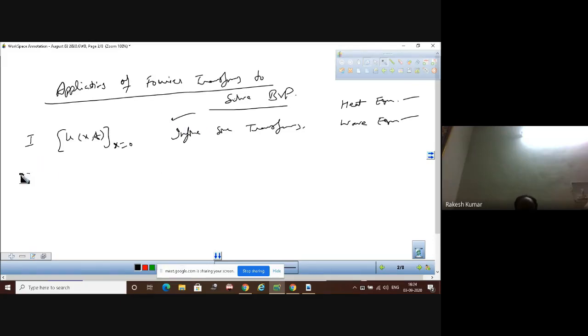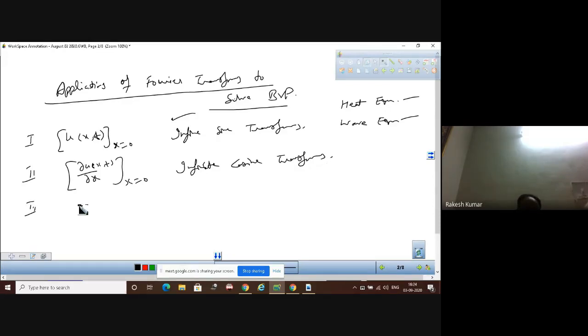And now this is the second condition. If the derivative condition is given, that is del u by del x, u is clearly a function of x and t, and if the derivative condition at x equal to 0 is given, then you apply the infinite cosine transform.